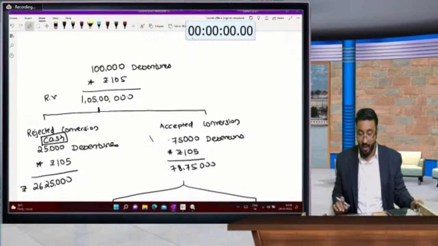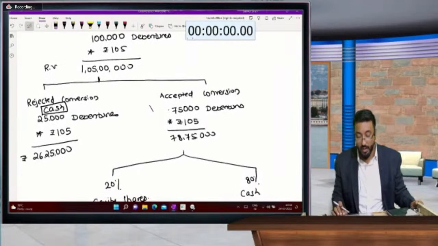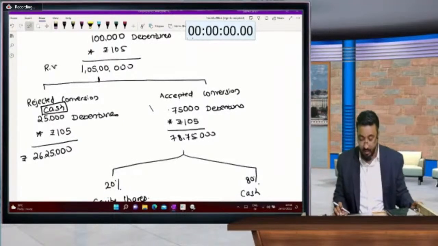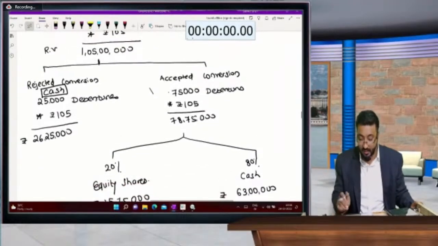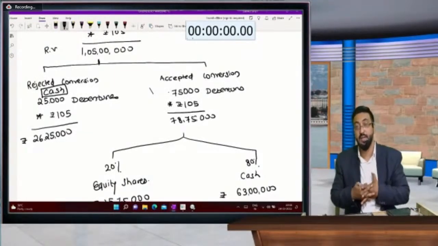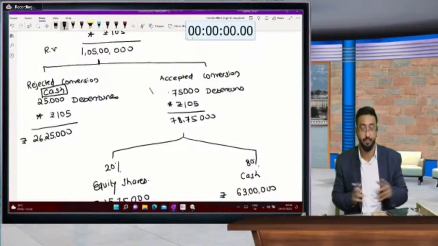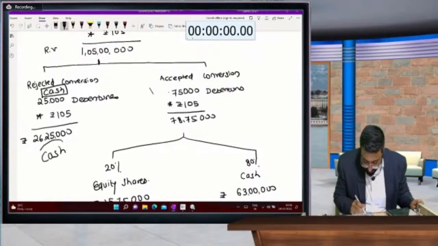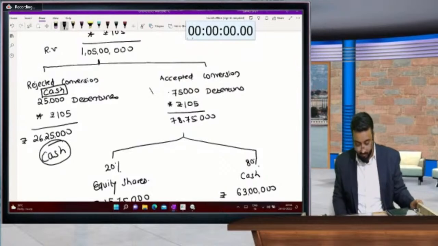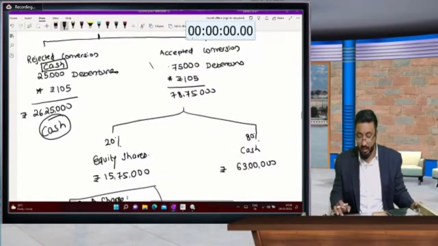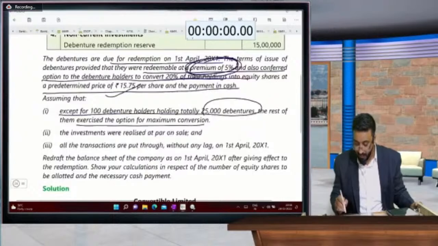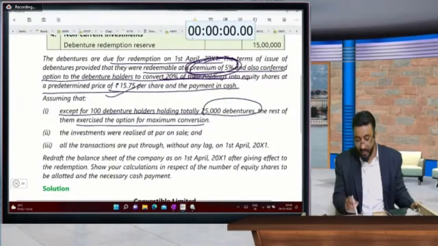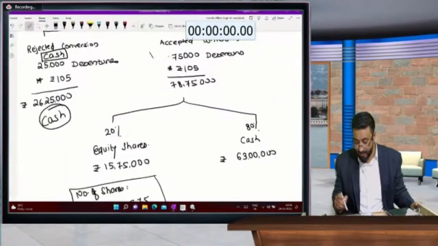Have you done this, beta? Out of 1 crore 5 lakhs, 25,000 debentures were rejected conversion. They accepted only cash. The others accepted conversion of 20% at the predetermined price of 15.75 and the balance in bank.